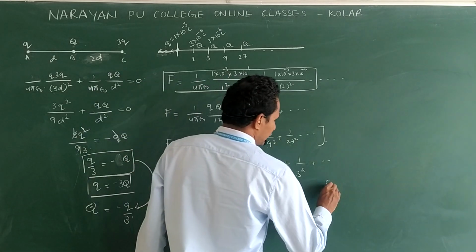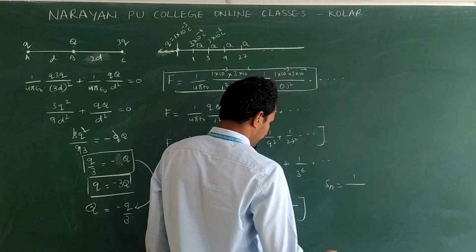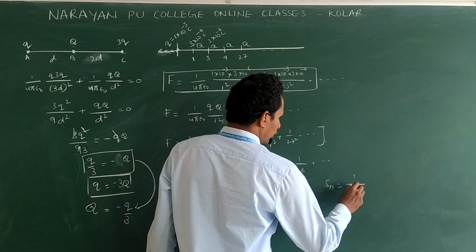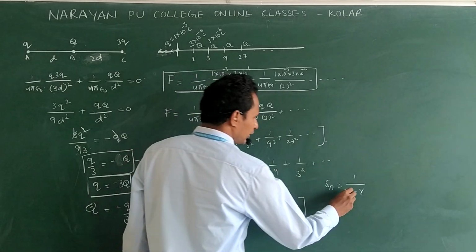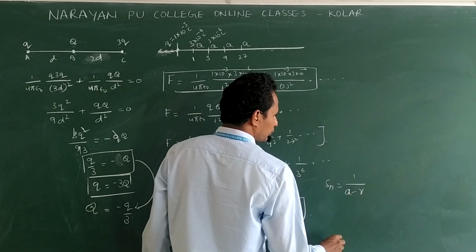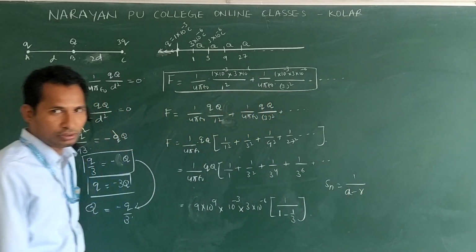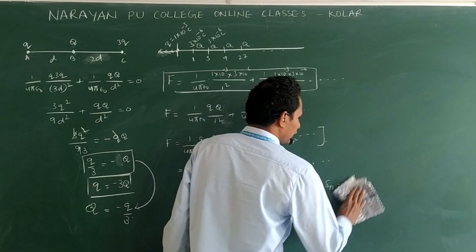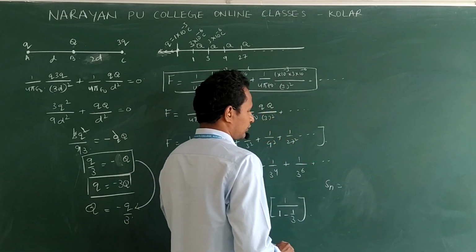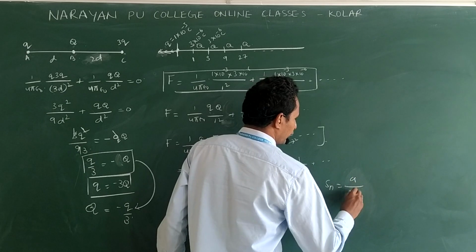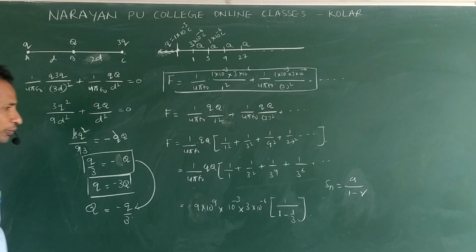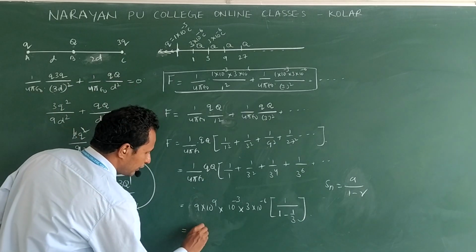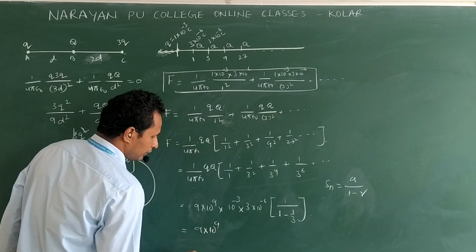What is the formula? Sum is equal to a by 1 minus r, first term and ratio. The sum of the terms formula is a by 1 minus r, first term, next ratio, and this is 9 into 10 power 9.